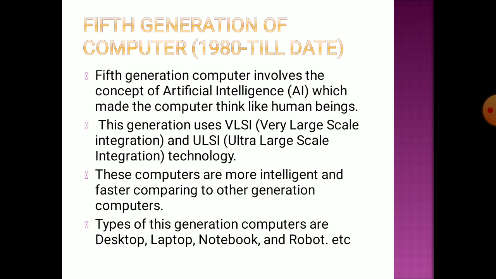The difference between ULSI and VLSI is that on a single silicon chip, more than 1 lakh ICs are mounted, and the size has been reduced. Because the size has been reduced, we started using artificial intelligence and the new invention started.